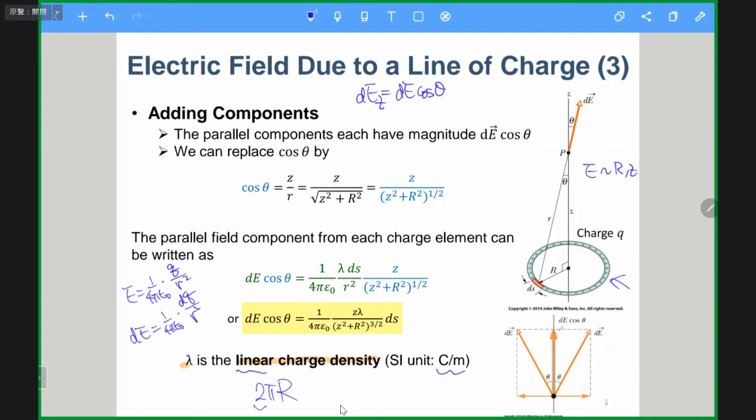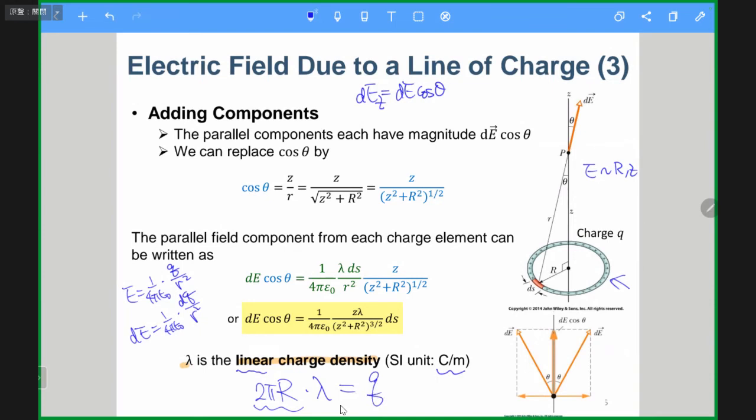Okay, so this is the length. So the length times the linear charge density will be the total charge amount Q, something like this.